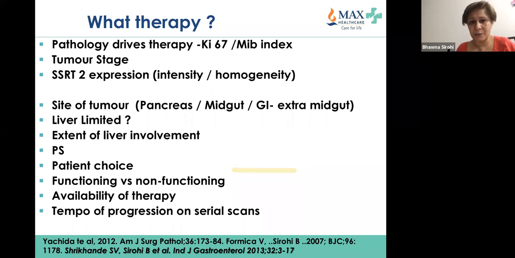And the other downside is once you start, you can't stop. Whichever treatment it is, all the targeted treatments, once you start on the treatment, you have to continue those treatments forever. Forever means till progression, or they have intolerable toxicity.